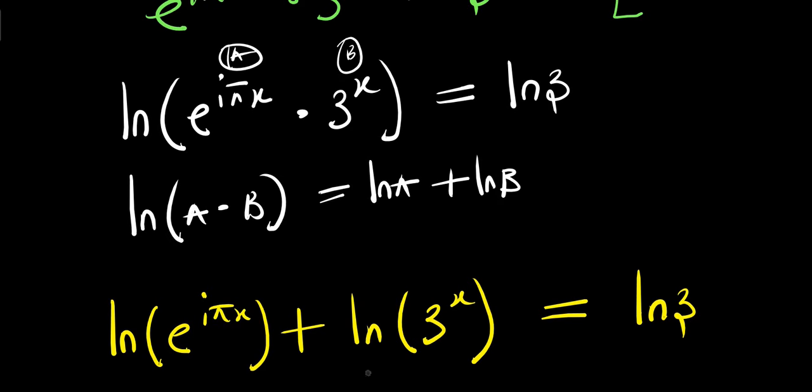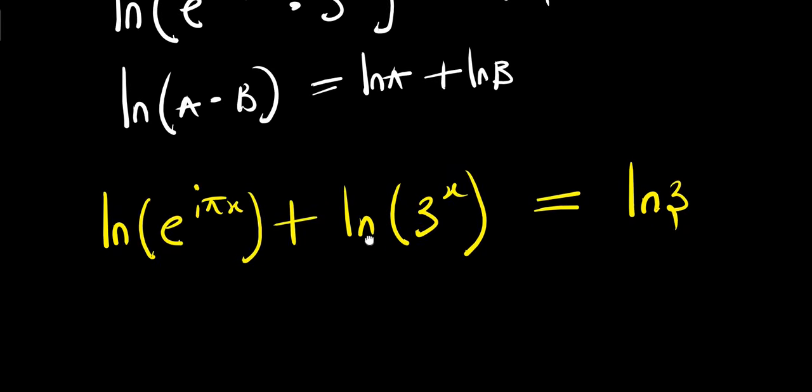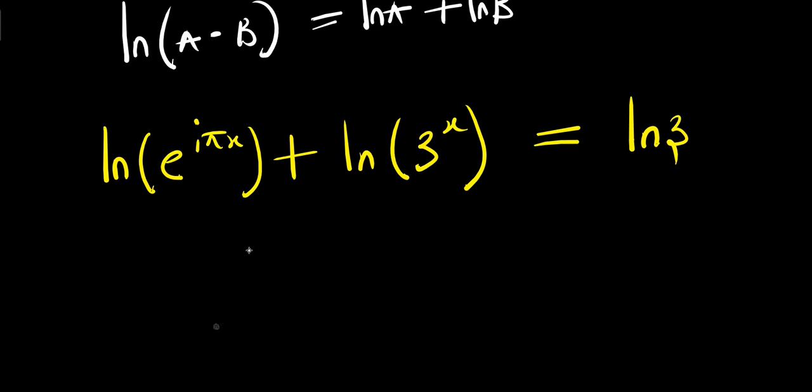So from here, I can apply this logarithm property. You have natural log of a^b, this equals b times natural log of a.